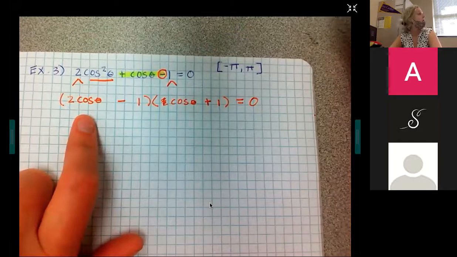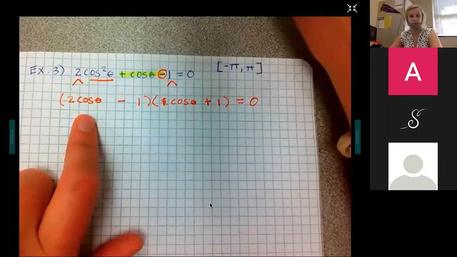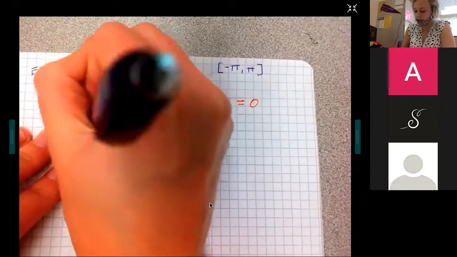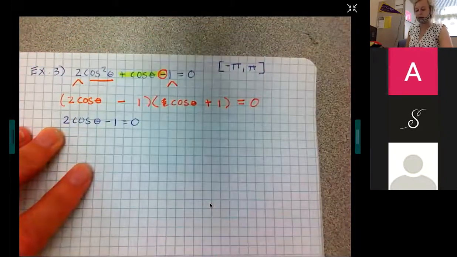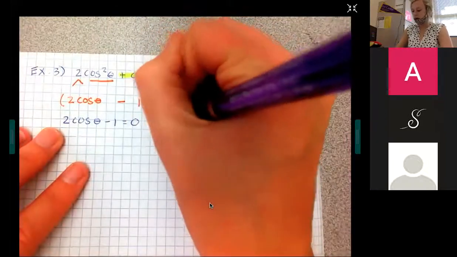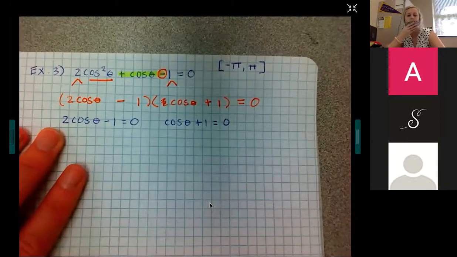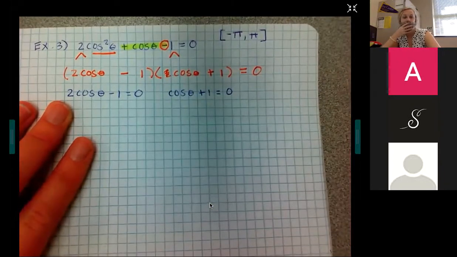Okay, so now what do you do to solve? Set them both equal to 0. There we go. 2 cosine minus 1 equals 0, and then cosine theta plus 1 equals 0.